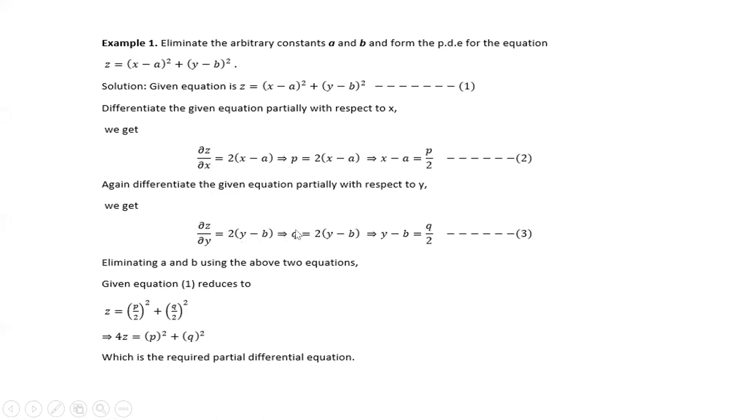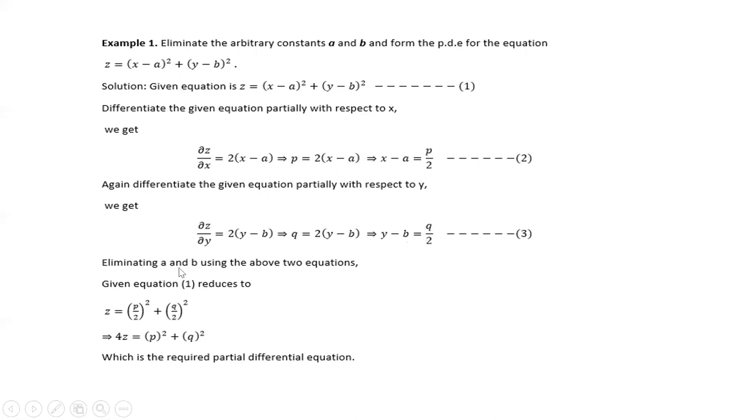That implies q, since ∂z/∂y is represented as q, equal to 2 into (y minus b), or that implies y minus b is kept on one side, q and 2 brought to the other side.